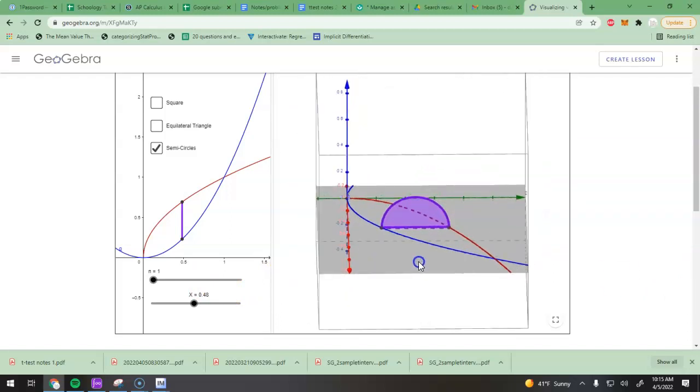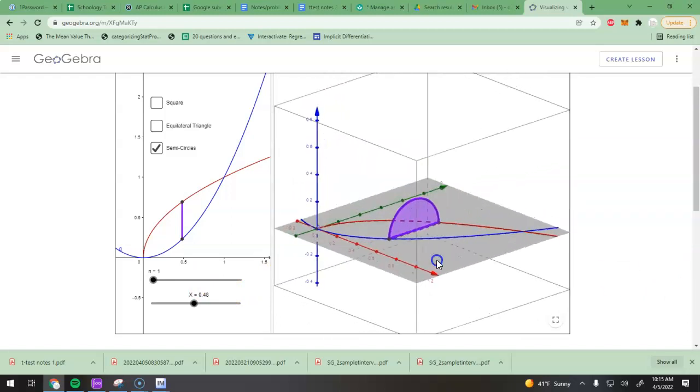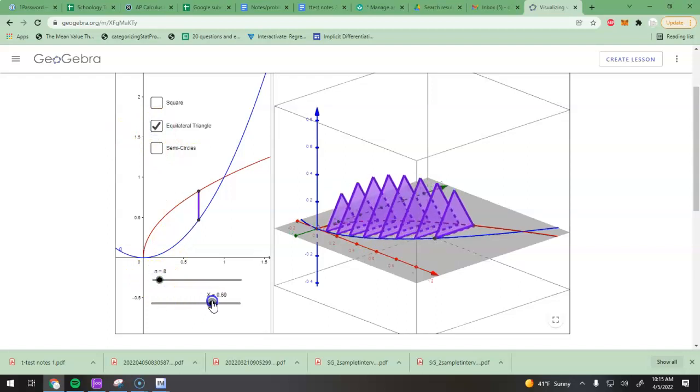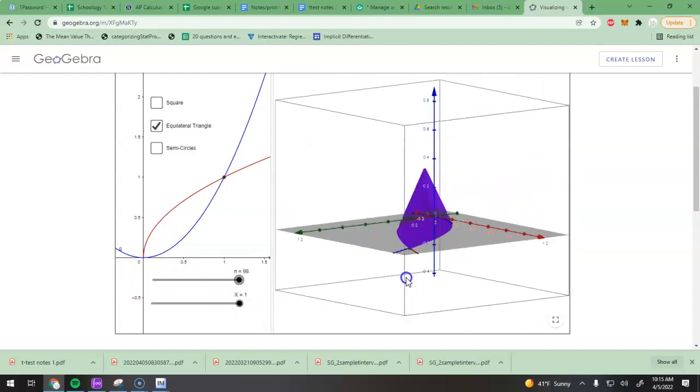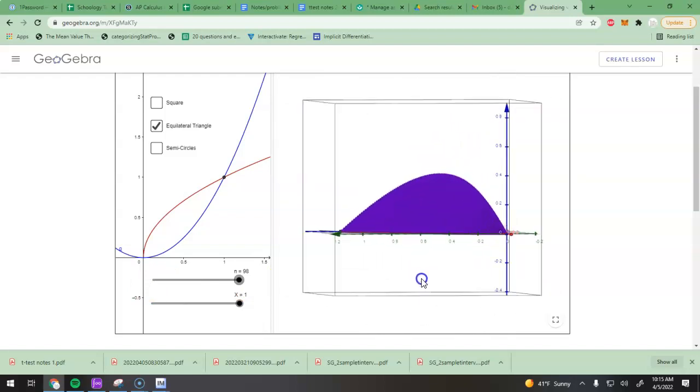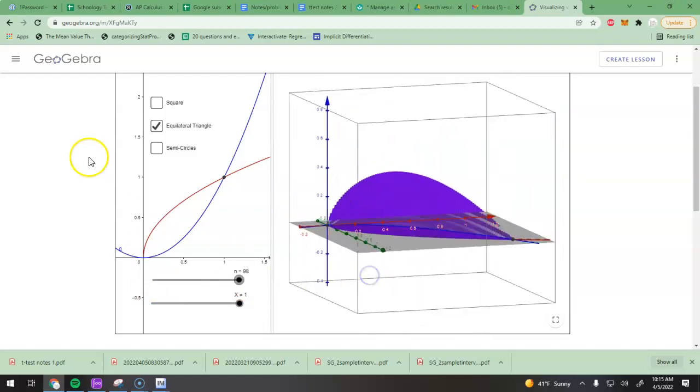So the cross section turns into a semicircle. It could be an equilateral triangle. And then if I fill it up, you can kind of see the shape that we fill in there. Yeah. So that's what we're going to be trying to find. We are going to try to draw them, but it's hard. But we can find the value of them.